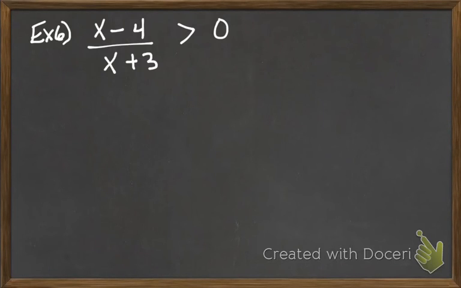Alright, so y'all see the big difference here is you have that x plus 3 in the denominator. Okay, so that means you have an excluded value. So what can x not be? x cannot be -3. So on your number line, you're going to have -3 just because that really means if we graph this problem, we would have a vertical asymptote at -3.